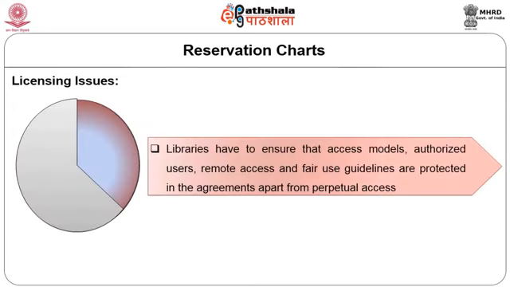The licensing issues that confront the databases are applicable to journals as well. Most of the time libraries would try to negotiate for authorized access to authorized users, remote access, access models, and most importantly the fair use doctrine or fair dealing under the international copyright agreements.